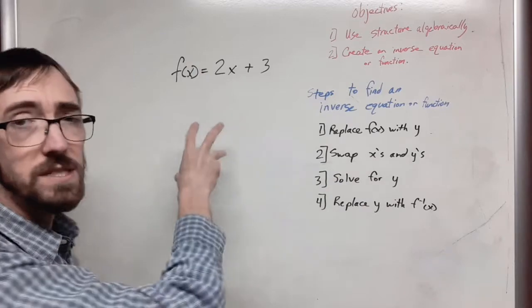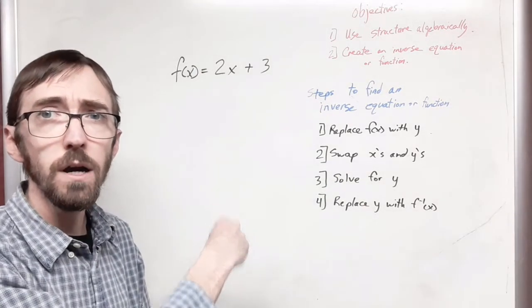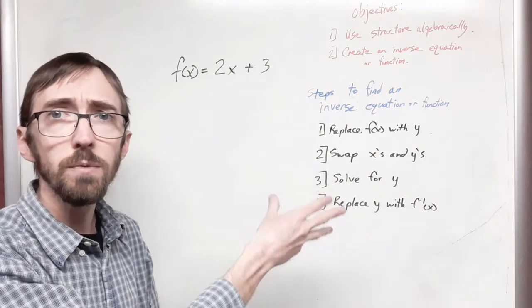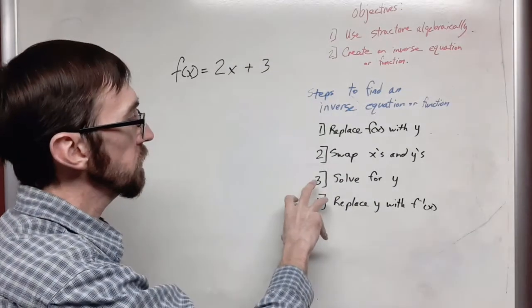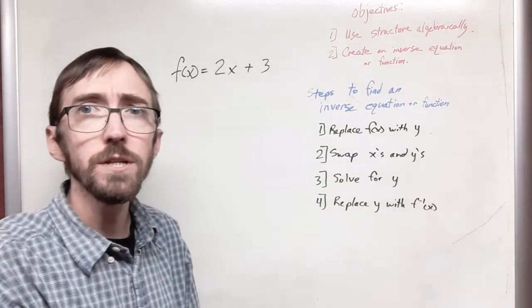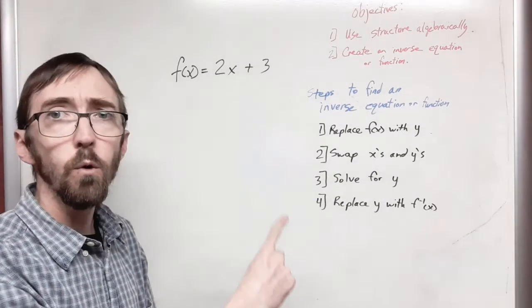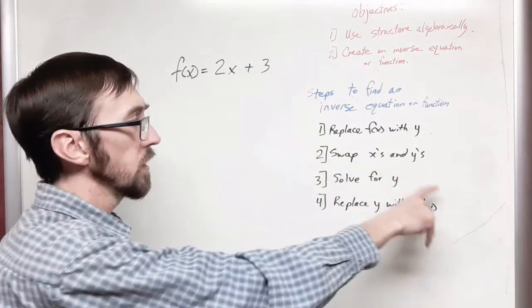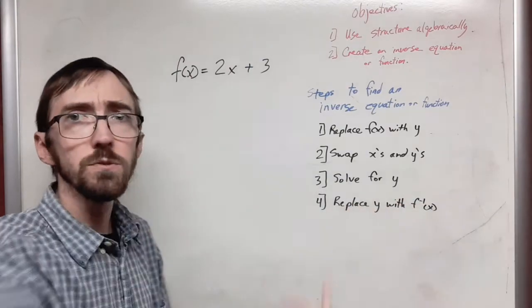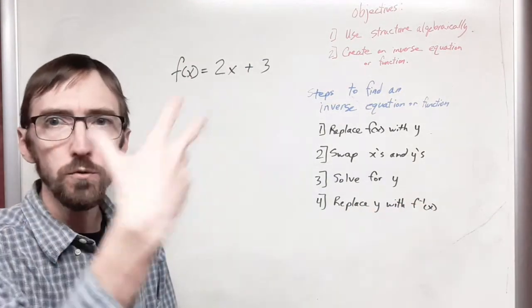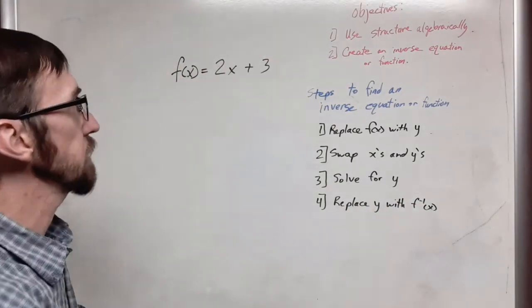So everywhere that we see an x, we're going to replace it with a y. Everywhere that we see a y, we replace it with an x. Then we are going to solve this new equation for y. And then finally, we are going to replace that y that we have in this new equation with the inverse function notation.